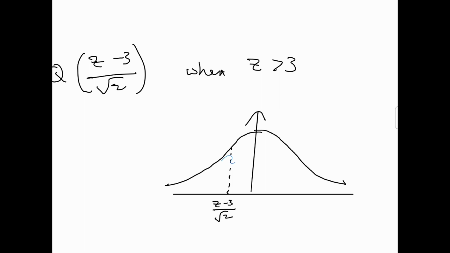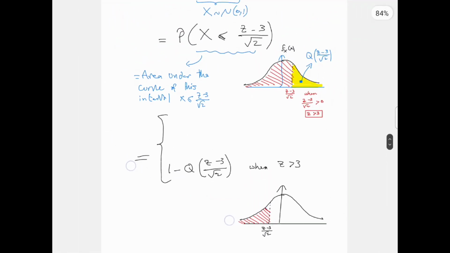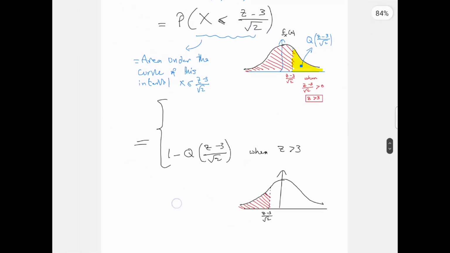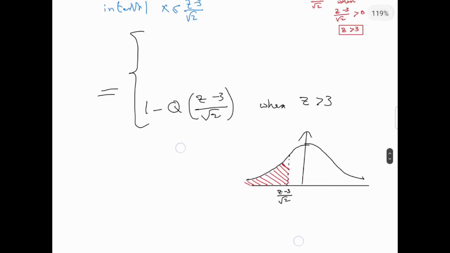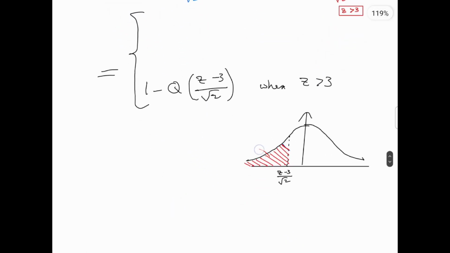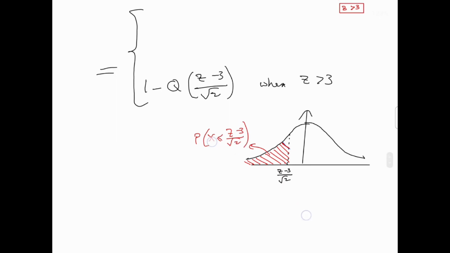The probability that capital X is less than or equal to z minus 3 over root 2 is given by this area.